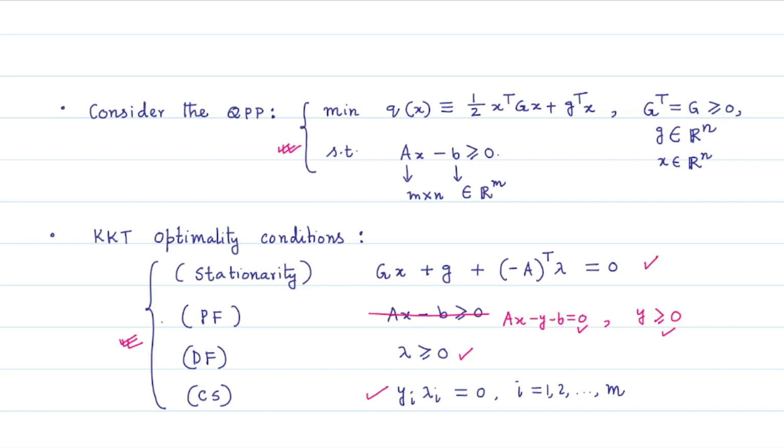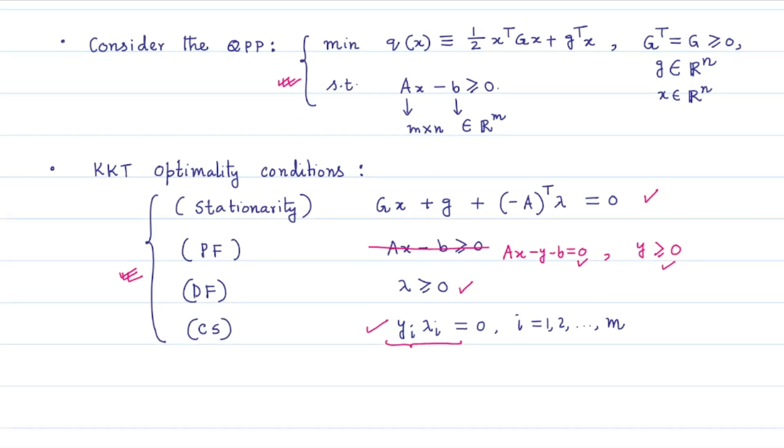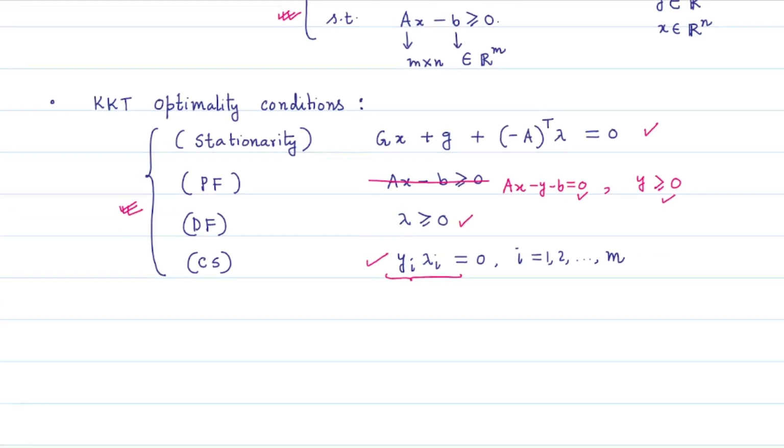Before jumping to a solution of these KKT conditions, let us get a geometrical perspective of the complementary slackness condition, and then we will get into the deeper details of solving this system of KKT conditions.